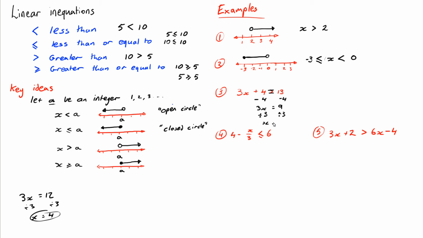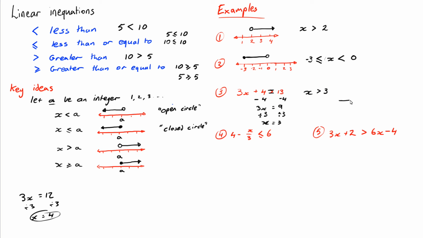And I would find that x is equal to 3. Now that's when we're talking about normal equations. But because we started with this inequation, this greater than, instead of x equals 3, I'm actually just going to say x is greater than 3. So at the end I just replace whatever I started with.